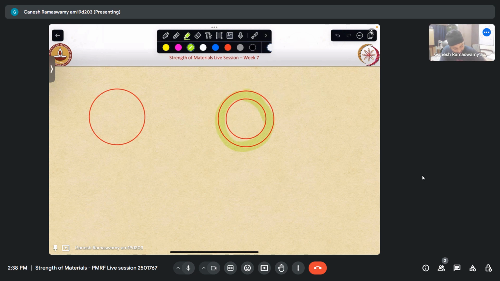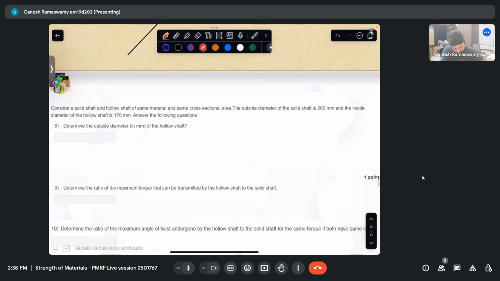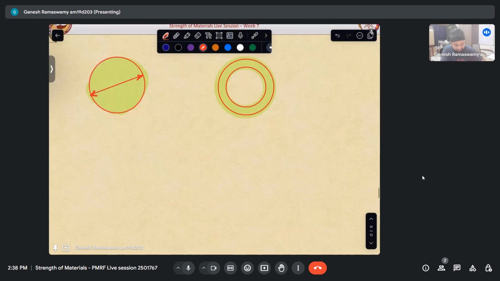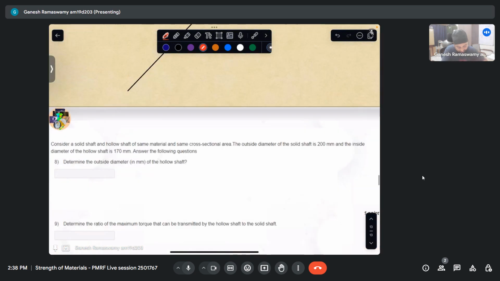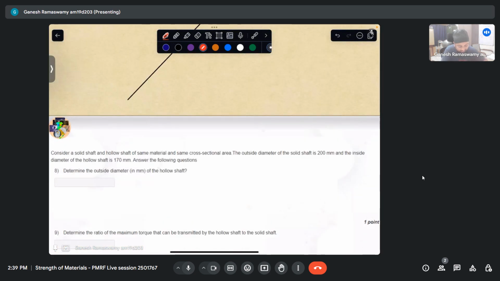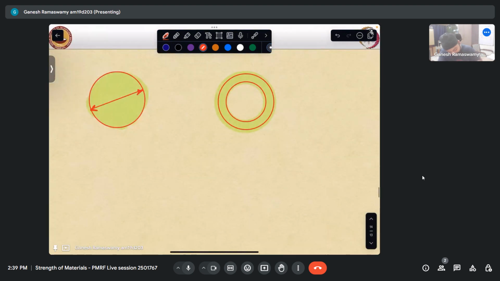So this is hollow and this is solid. So this is of the same material, same color, so same material we can take. And cross-sectional area, so area solid and area hollow are the same.